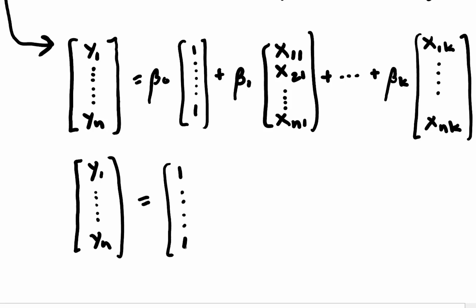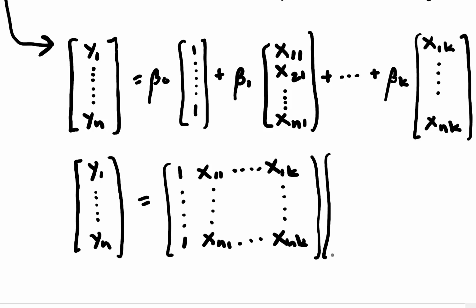So 1, 1, and then our second column is x11 down to xn1, and then however many columns of x for how many features we have. So this is x1k, and that's down to xnk.